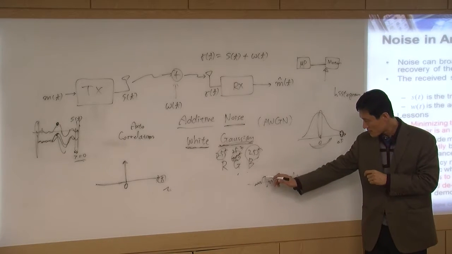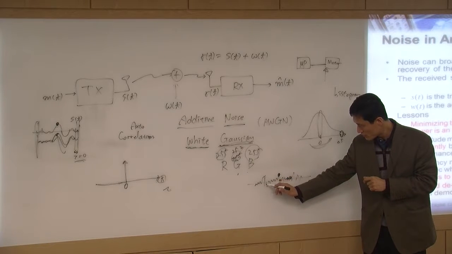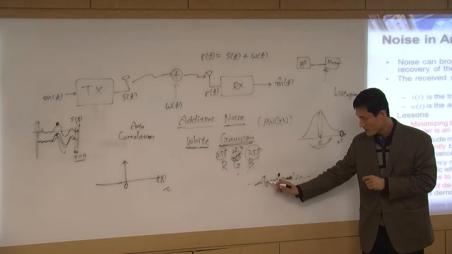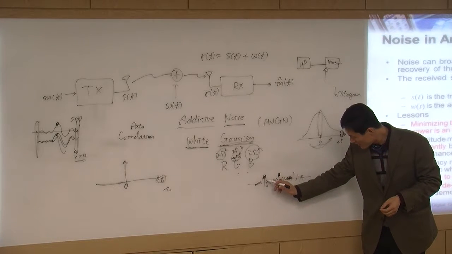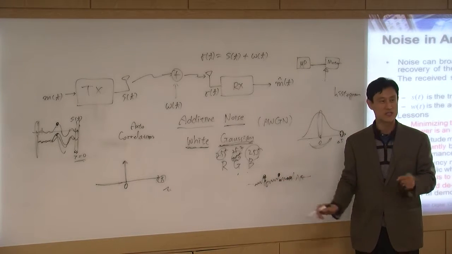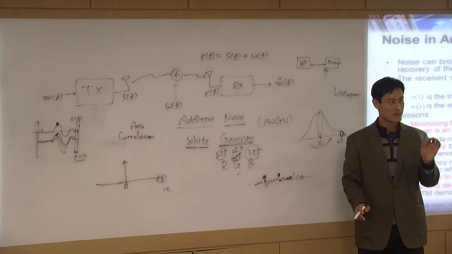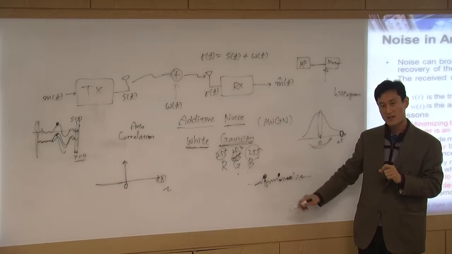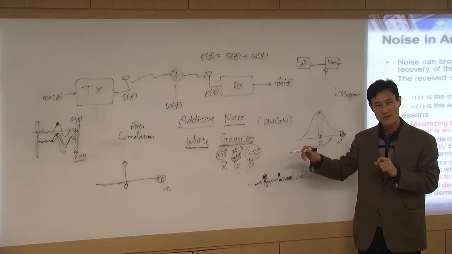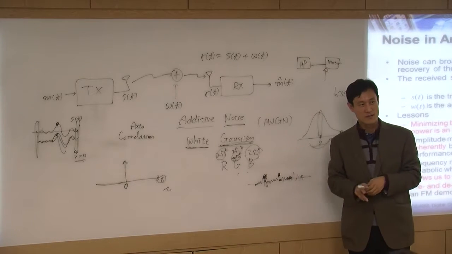Every time, this is noise, right? Every time you look at a different sample, of course 0. But this sample and the very next sample, still correlation 0. When do we have a correlation? This sample and this sample itself. Only then you have correlation. That's our noise.